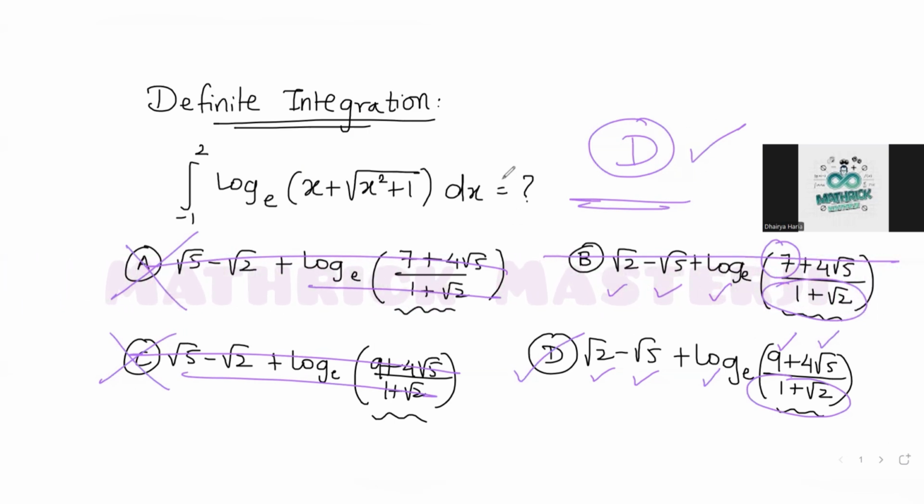I hope you have understood how to solve this type of questions, which deals with the ideas of finding the integrals of the function with the limits given. It can be anything from A to B. So here in this question, the answer choice that is correct is option D.